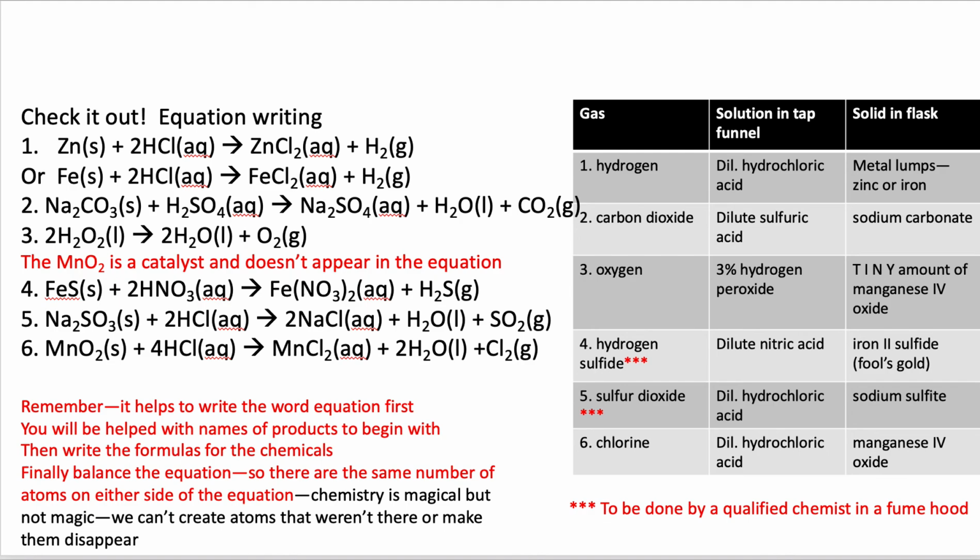At the bottom it says chemistry is magical, but it isn't magic. We can't make them disappear or appear, although strangely enough, things might go transparent. They might appear to disappear, but the atoms in a test tube will still be there unless it's a gas escaping.